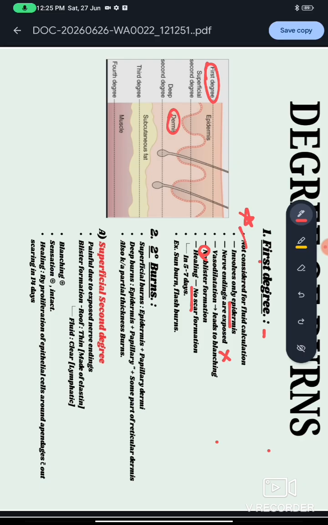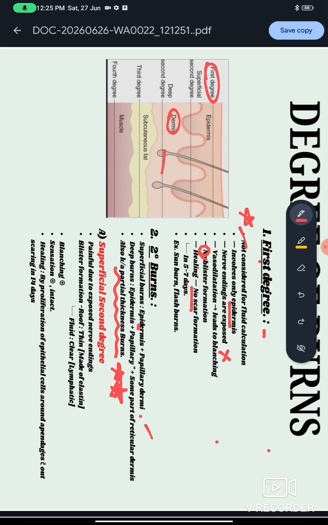So the second degree burns are divided into superficial second degree, which consists of the epidermis and the papillary part of the dermis, and deep second degree burns, which consist of epidermis, papillary dermis, and almost the entire reticular dermis. This is also known as partial thickness burns. This term is important, and this is considered in the fluid administration.